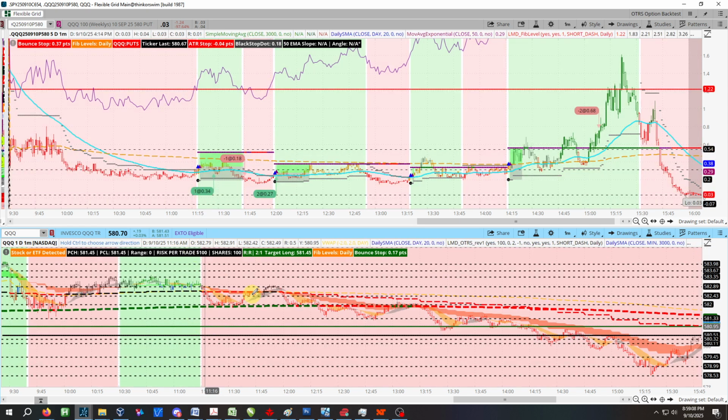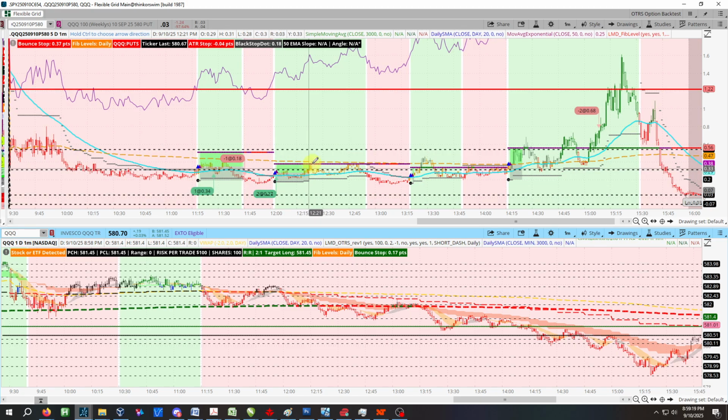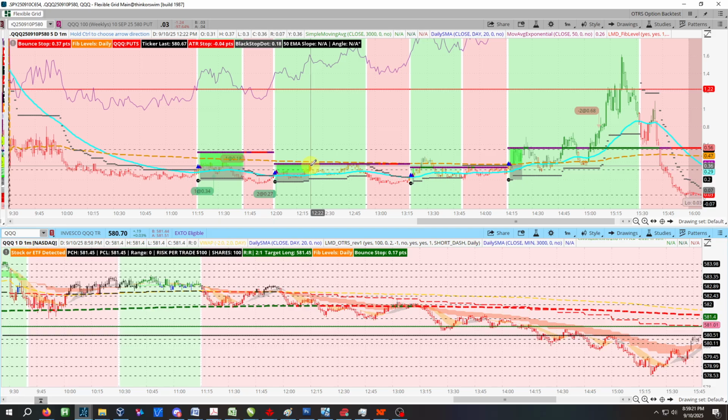But yeah, I was looking for the Qs to go down in price, and it was at 582 at the time. My strike price was 580. So I got in. We see that this hit the 1R target, but that's not what I was looking for.